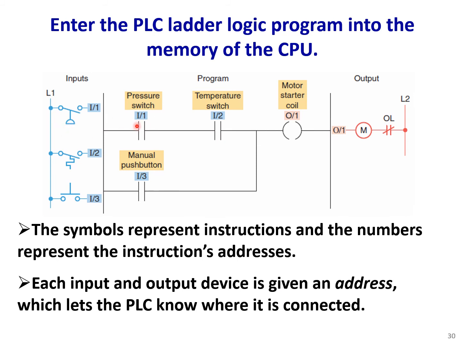So for example, if we change the address to I4, okay, since the fourth port of the input module is not connected to any device, then the status of this contact will always be false, so it won't be updated.